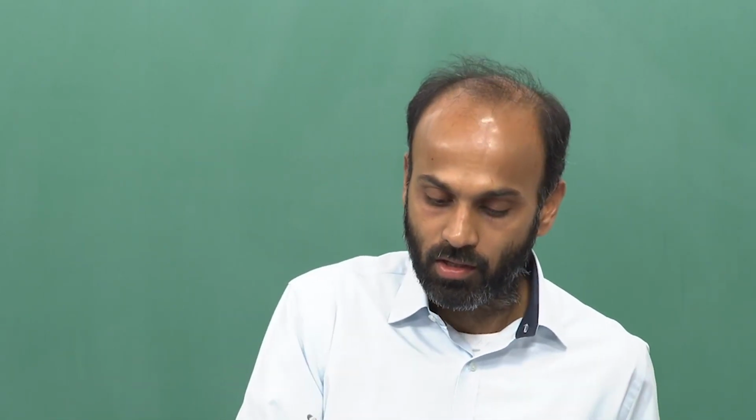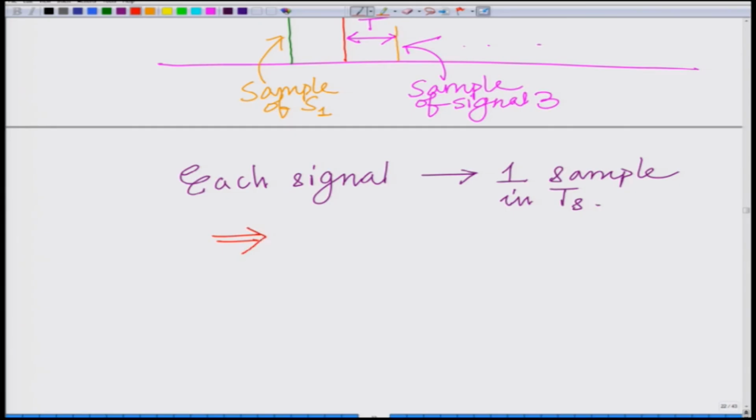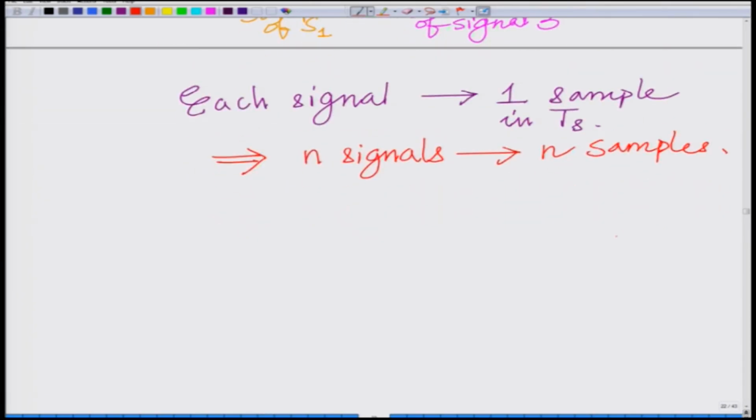Each signal contributes one sample in Ts, so n signals naturally give n samples.